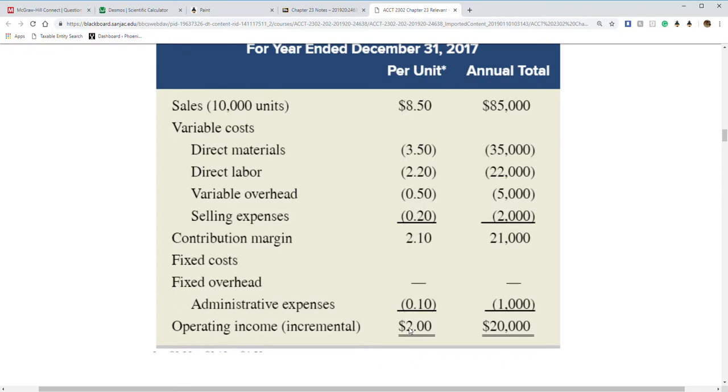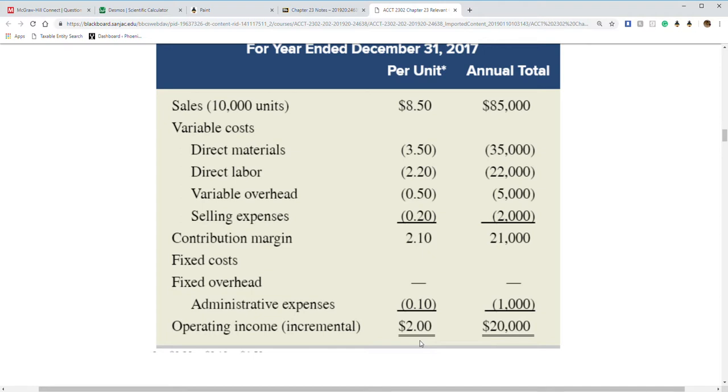So we take our 10 cents, we're going to do our contribution margin, which was $2.10 after we take $8.50 minus all the variable cost, and then just take administrative expense from that. Equals out to $2 in operating income per unit.